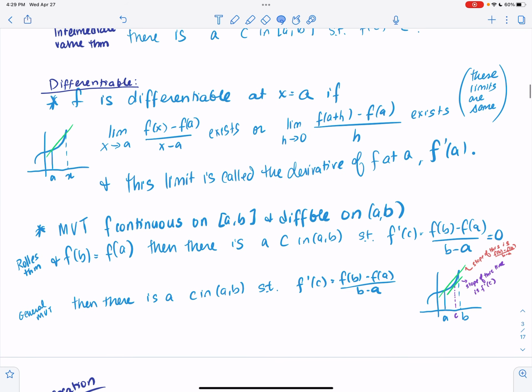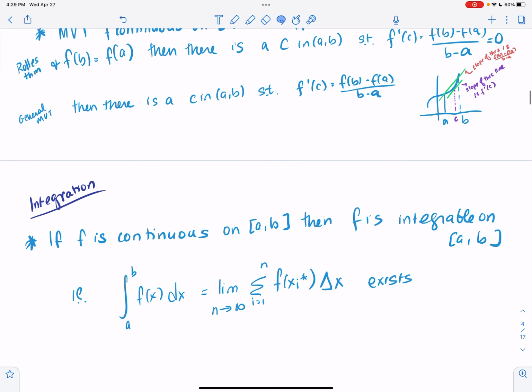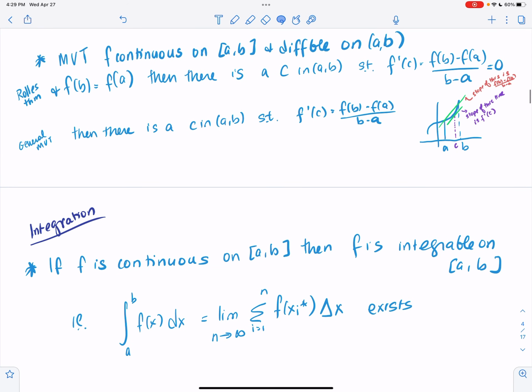So that's with differentiation. Now let's look at integration. You remember we have the limit of Riemann sums. We say a function is integrable if this limit exists, and if this limit exists, it is denoted by the integral from a to b of f of x dx.